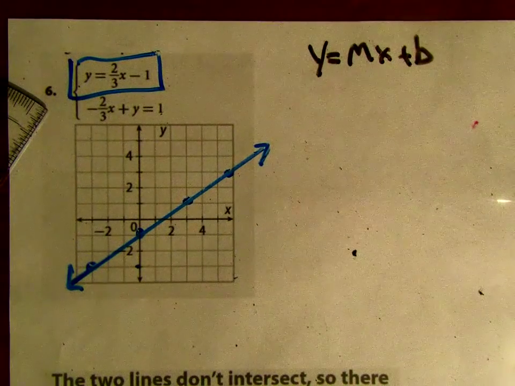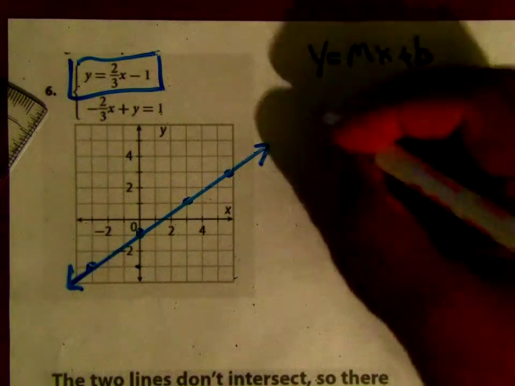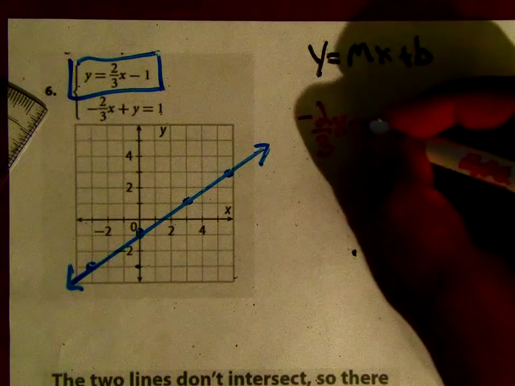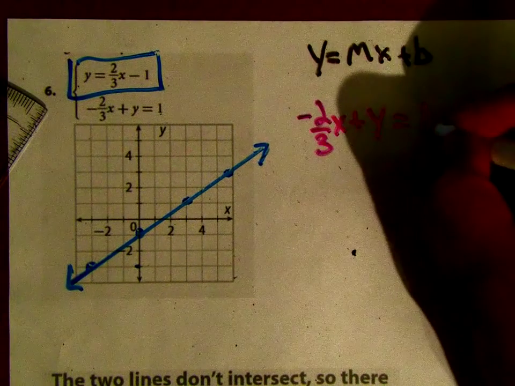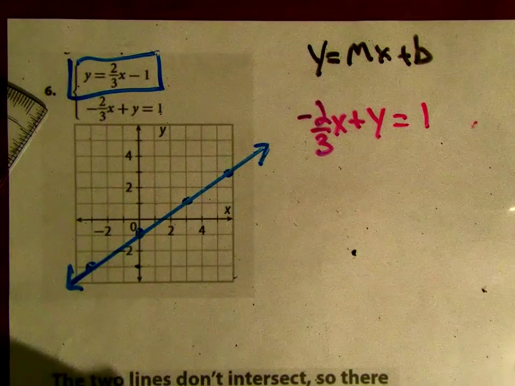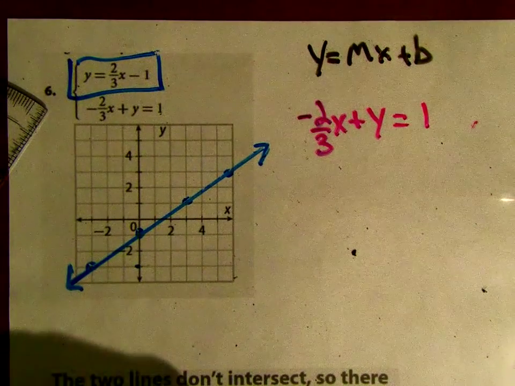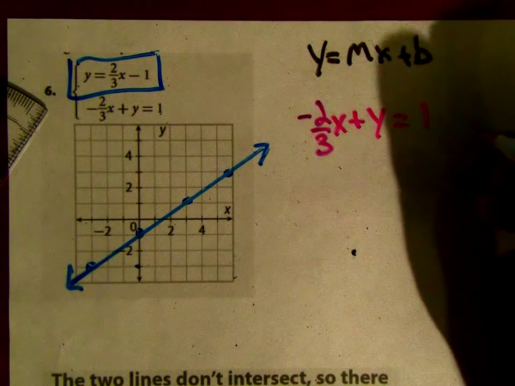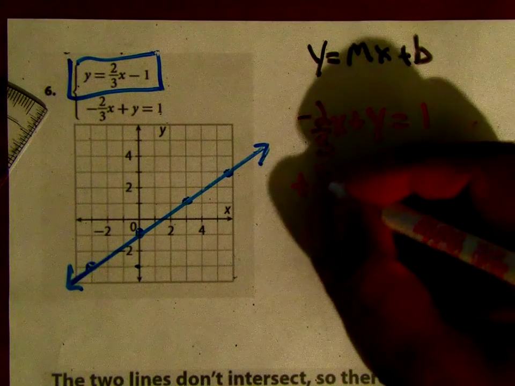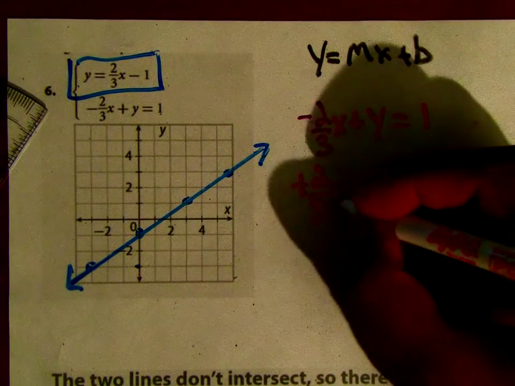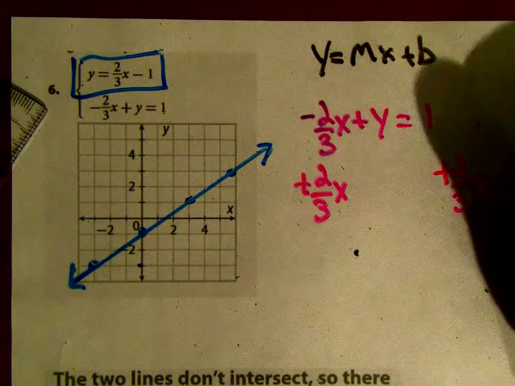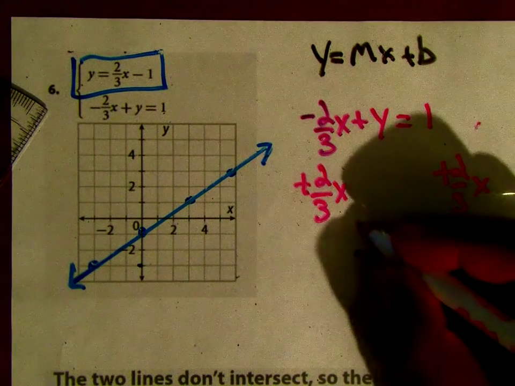Alright, so next we'll go ahead and work with this negative 2 over 3 x plus y equals 1. So we want to get the y by itself. In order to do that, what we have to do is add 2 over 3x on both sides, and bring down the y here.